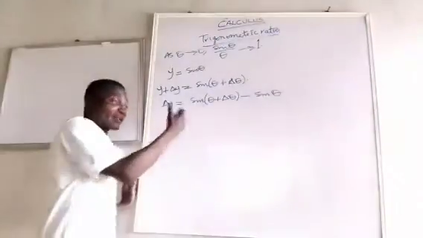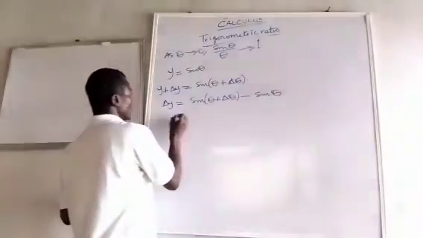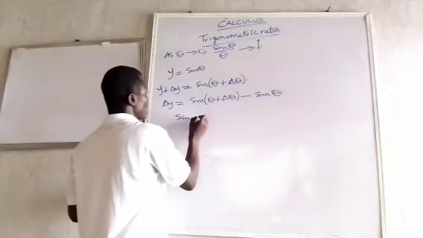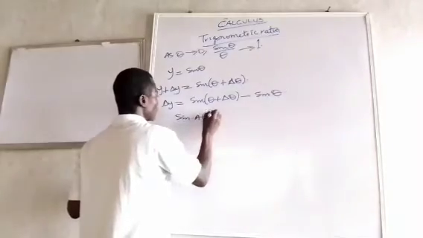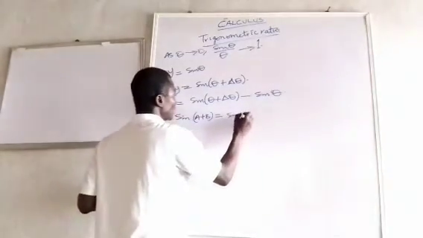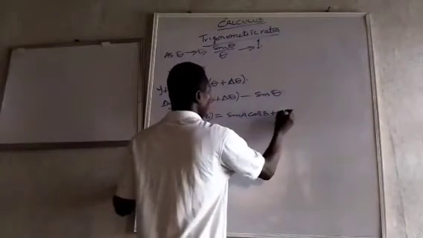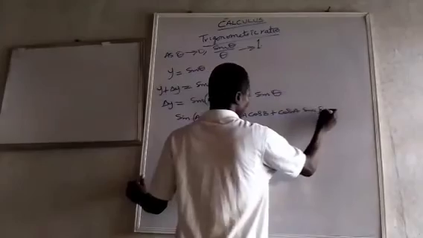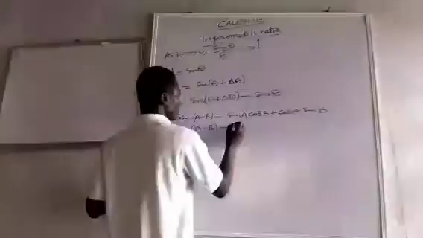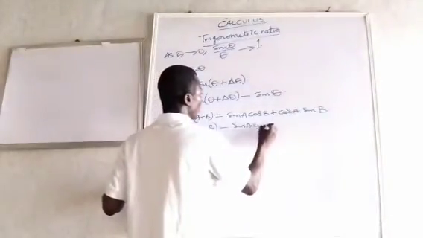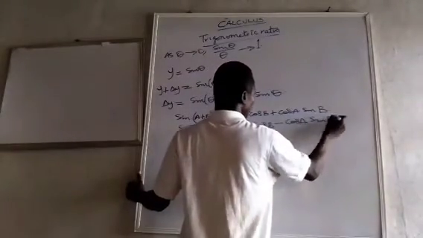For the difference of two sines, you know, sin of A plus B is equal to sin A cos B plus cos A sin B. Sin of A minus B is equal to sin A cos B minus cos A sin B.